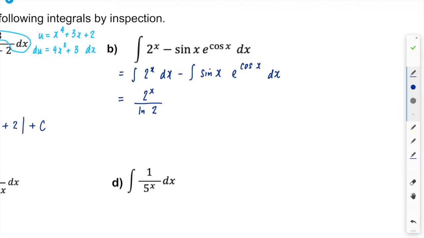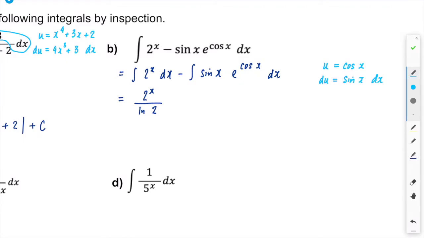How about the second term? What do you recognize? Is part of this function a derivative of some other parts in this function? I think so, right? If I let u be cosine x, then du is sine x dx.